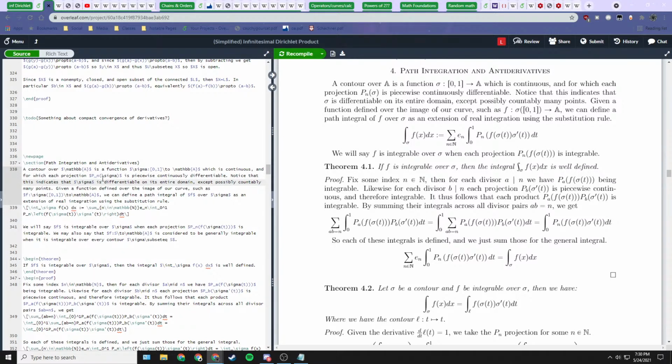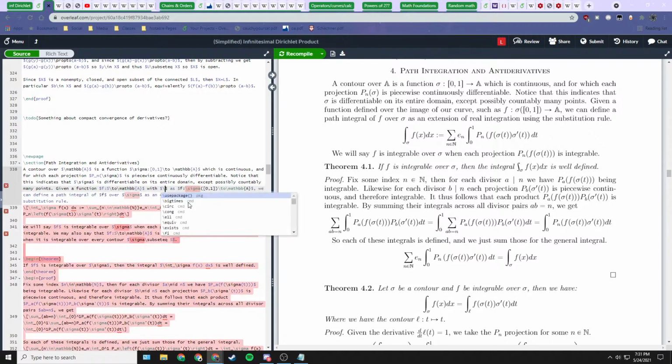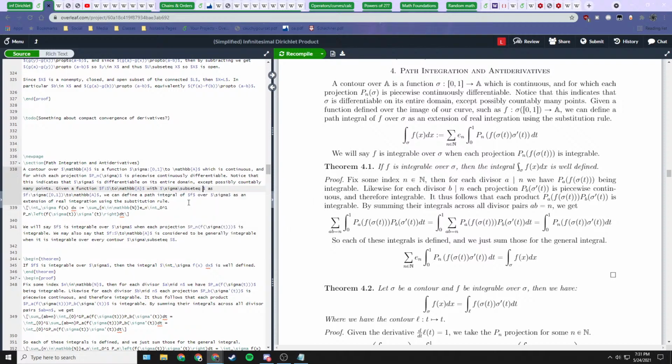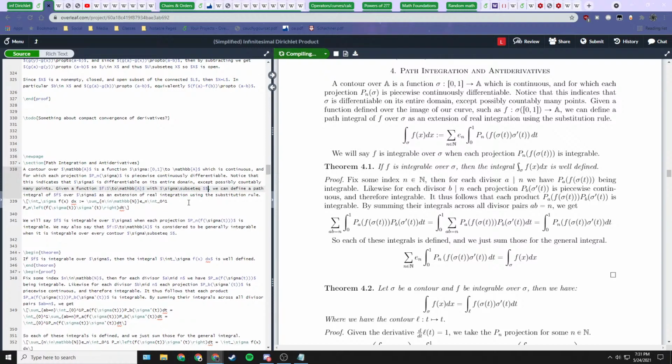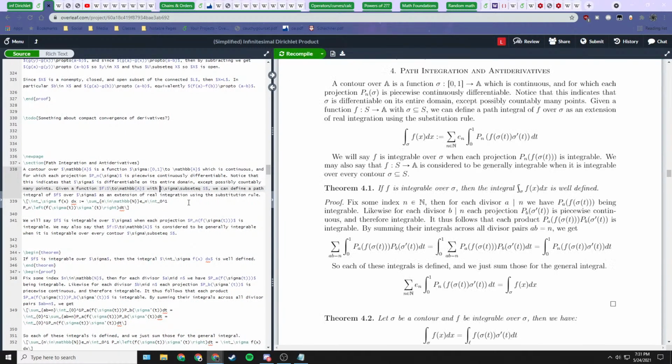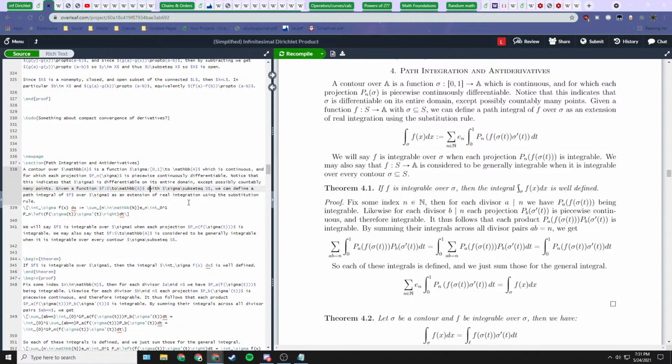So a function defined over the range of the curve. We'll say F from S to A with sigma subset to S. F is defined on sigma, okay.